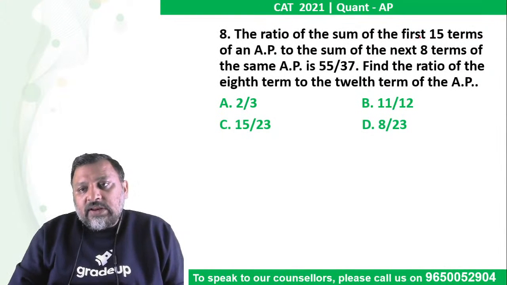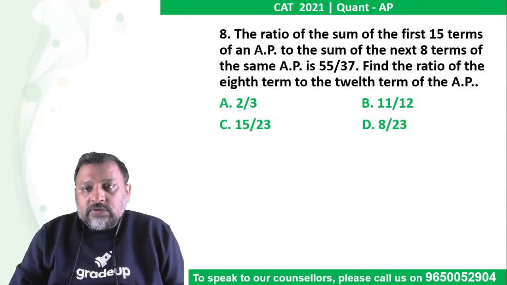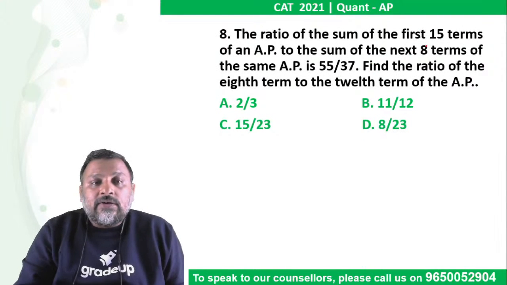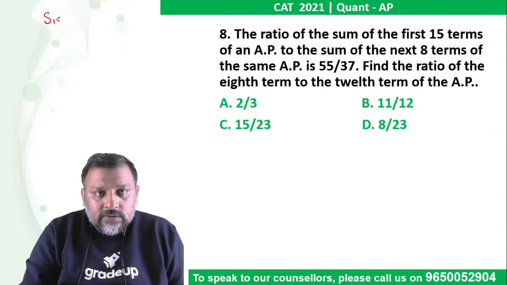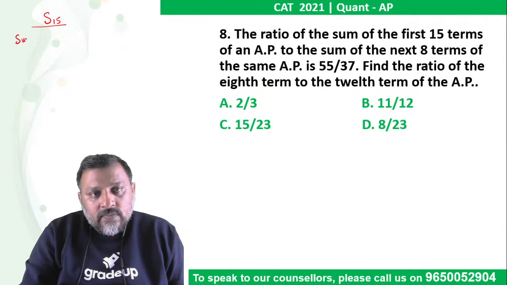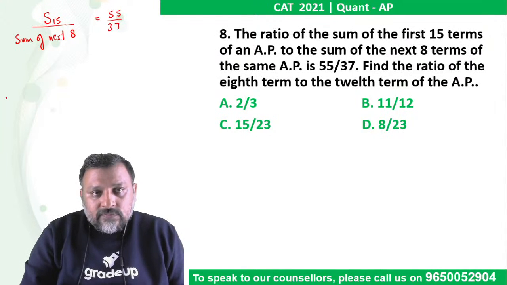Okay, so it is given the ratio of sum of first 15 terms to the sum of next 8 terms. Sum of first 15 by sum of next 8 is given to be 55 by 37.